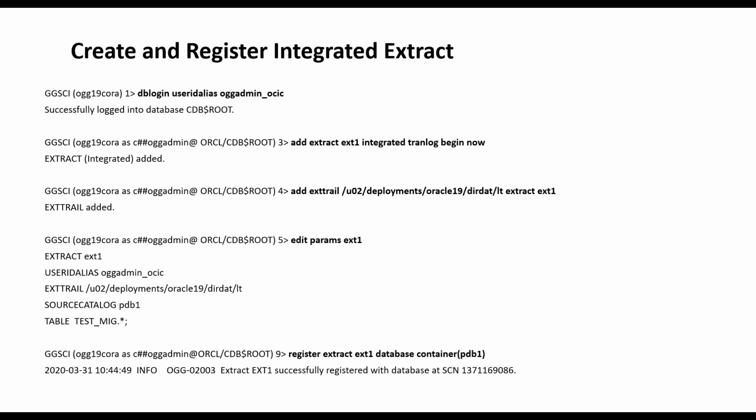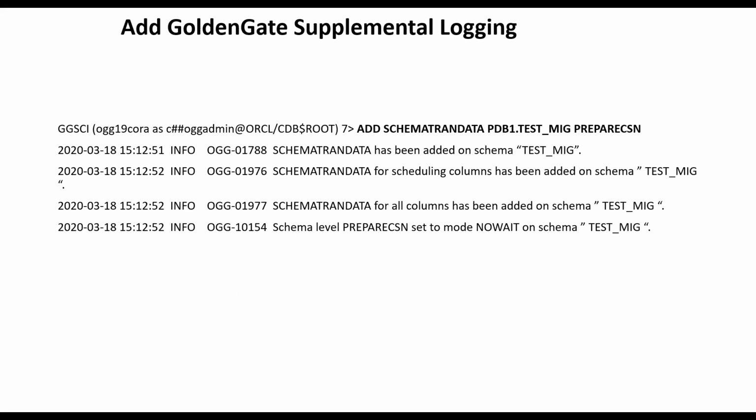So these are standard commands for GoldenGate to create integrated extract. And then I register the extract with the container, which is PDB1 in this case. So my CDB is ORCL, and the container database has a pluggable database called PDB1. I also have to enable what's called supplemental logging. So that's additional logging for GoldenGate.